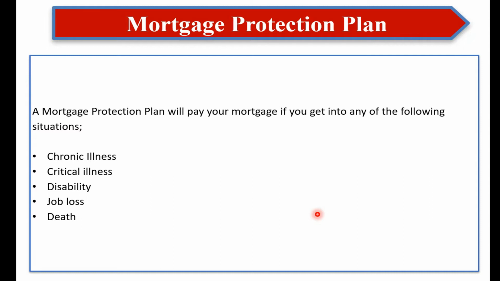You're chronically ill, you have a critical illness, maybe you're disabled. At some level, depending on what mortgage plan you're using, it can pay when you lose your job. And of course, if you pass away, it's going to pay off your mortgage.